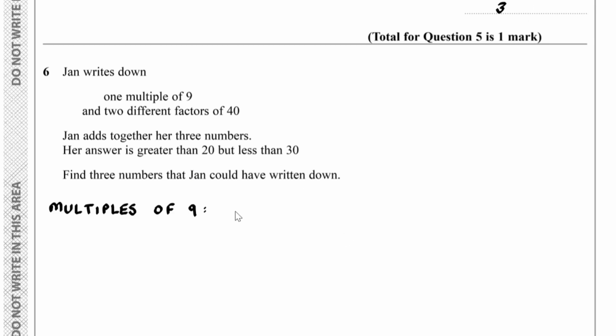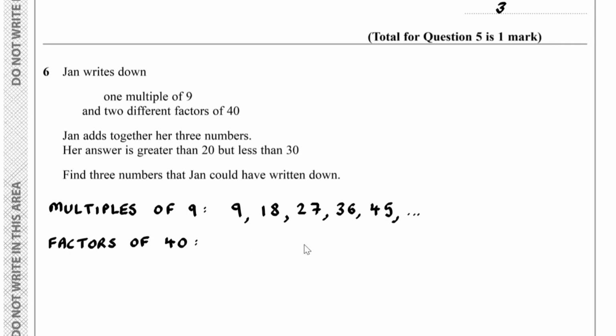Well, the multiples of 9 are 9, 18, 27, 36, 45, and so on. For the factors of 40, we've got 1 times 40, 2 times 20, 4 times 10, and 5 times 8.